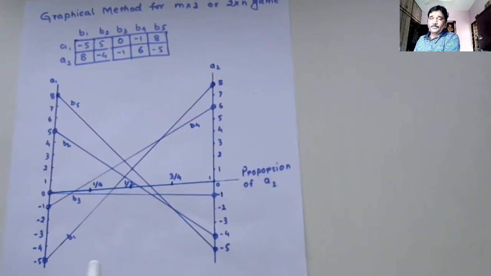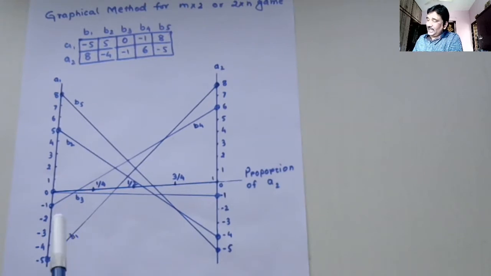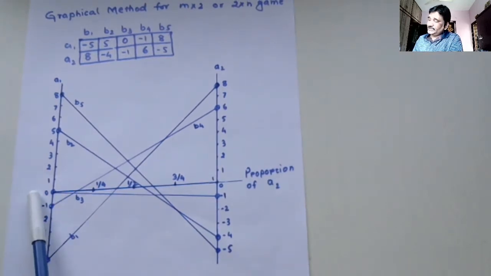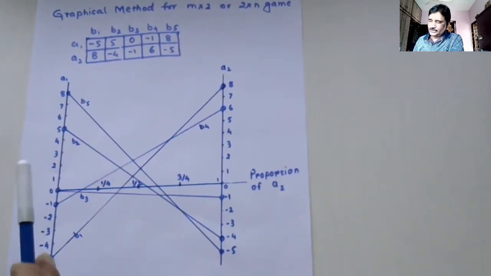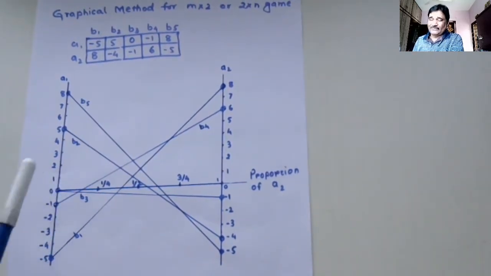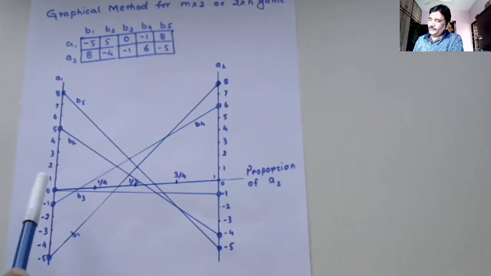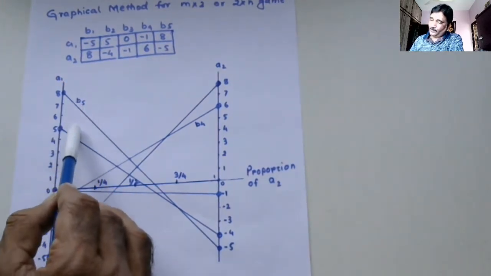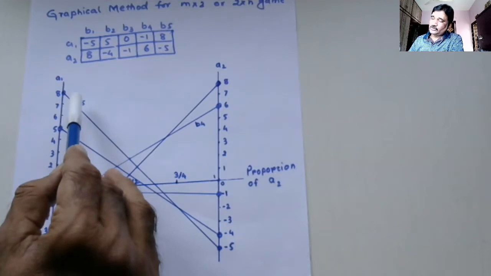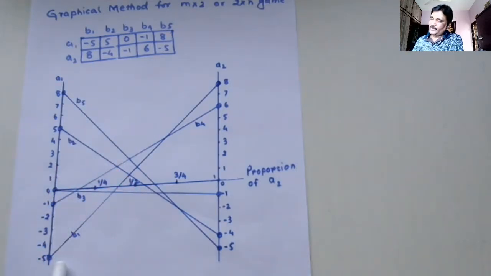Now we'll go on putting the questions as the proportion of course of action A2 goes on increasing. Suppose say it is 0. That means A1 is purely getting played, and when A1 is getting played, what course of action will be selected by player B amongst these 5?